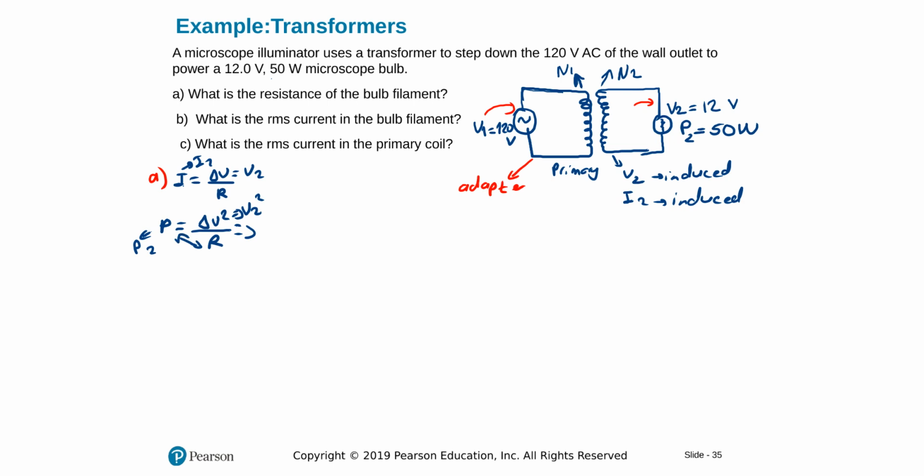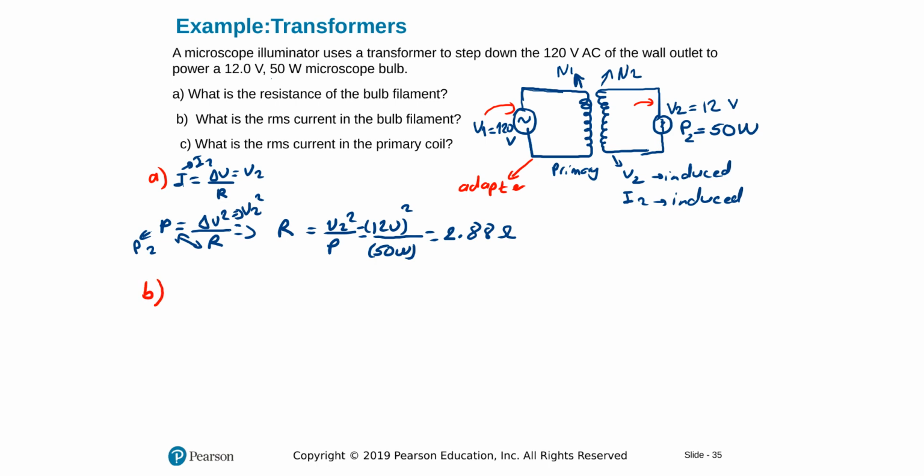Simply I can switch these algebraically. R will be equal to V2 squared over the power. 12 volt, square that, divided by 50 watt. Everything is in SI units, so I'm going to get a resistance in SI units, which will be 2.88 ohms. Alright, that's what the resistance is.